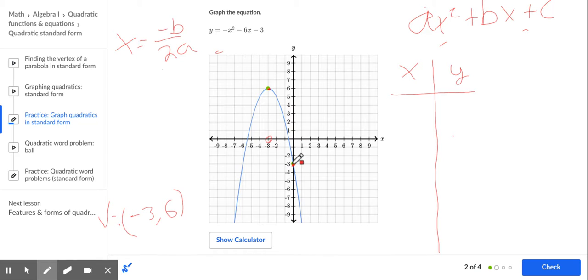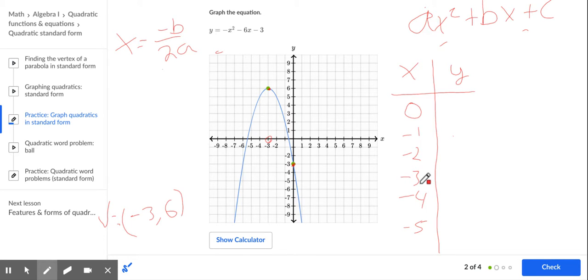And 0, because I already know what it is. I already have 0 graphed, so I wouldn't have to put it on my table, but just to remember that I do know that point, I'm going to start there. So 0, -1, -2, -3, -4, -5. But in general, you just need 2 points on either side of your vertex.